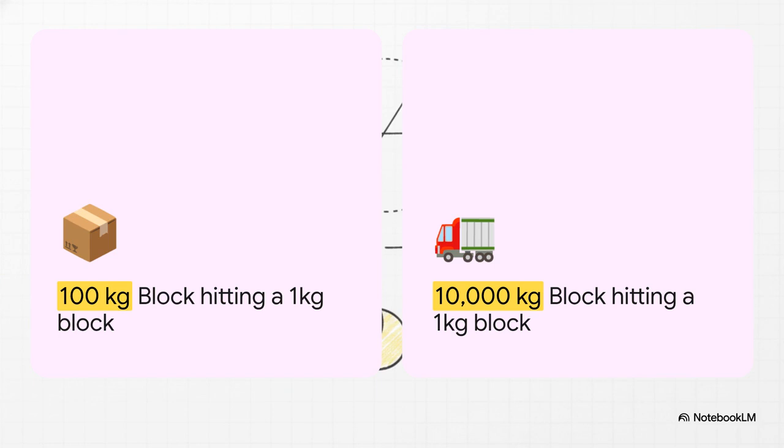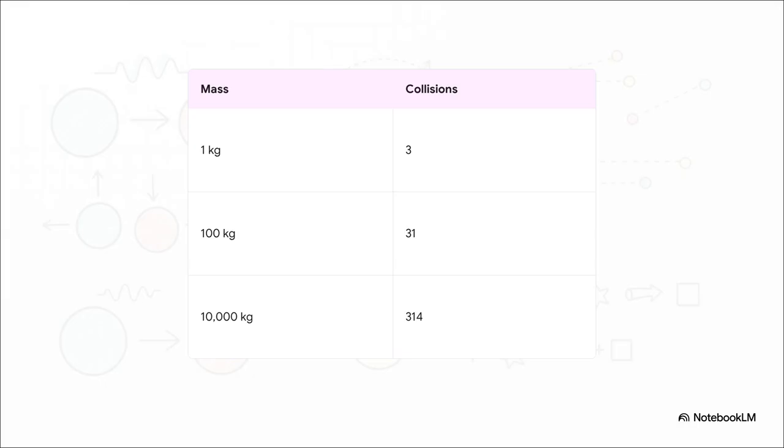What if we take the mass of the big block and multiply it by another power of 100? Let's compare our 100-kilogram block to a massive 10,000-kilogram block. That tiny 1-kilogram block is going to have to bounce against the wall a staggering number of times to push back a 10,000-kilogram behemoth. Let's trace the data here. When the big block was 1 kilogram, we had 3 collisions.